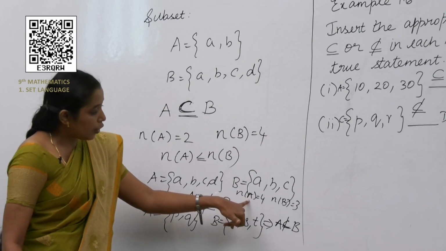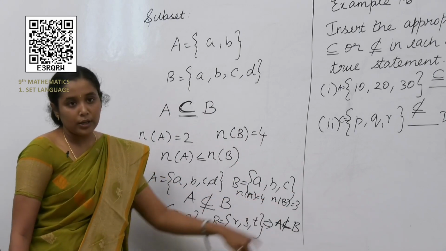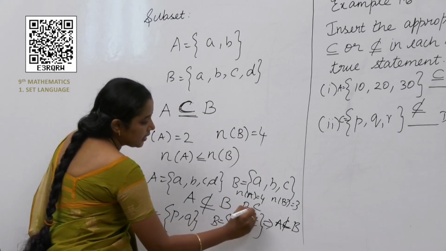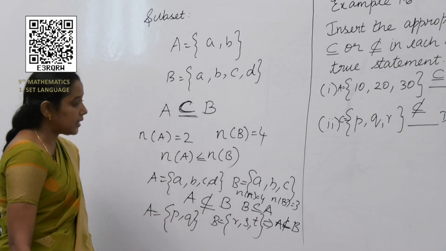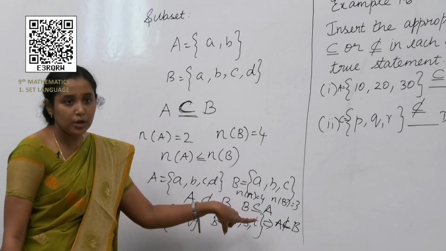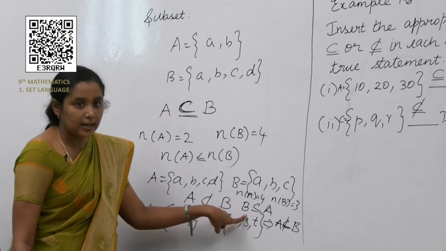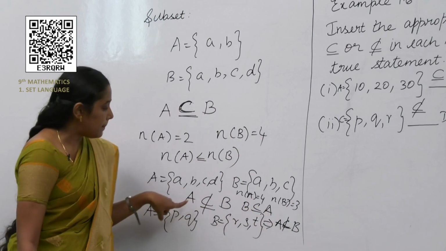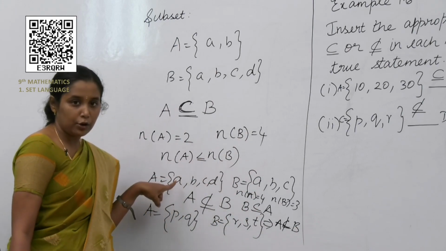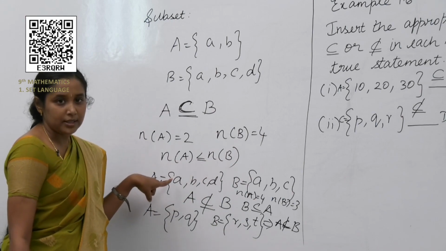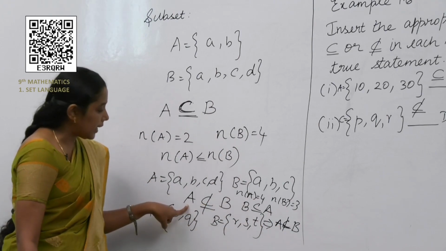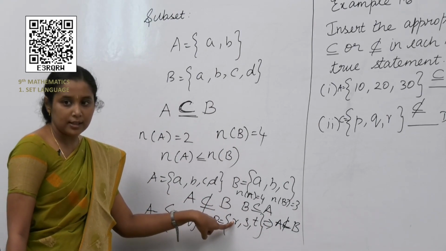So n of A is greater than or equal to n of B. So you can say B is the subset of A, that is n of B is less than or equal to n of A. Here B is the subset of A because A has more elements, but A is not a subset of B. Is it clear?